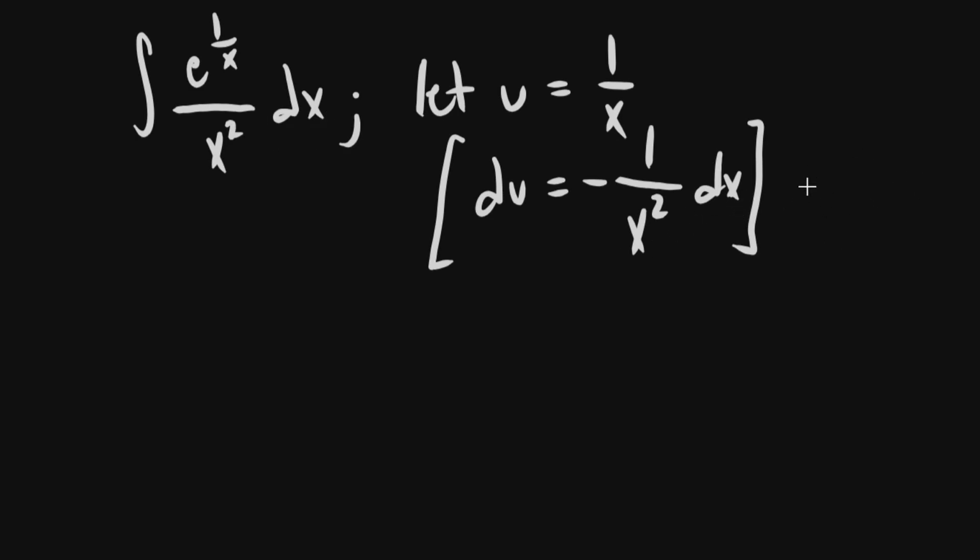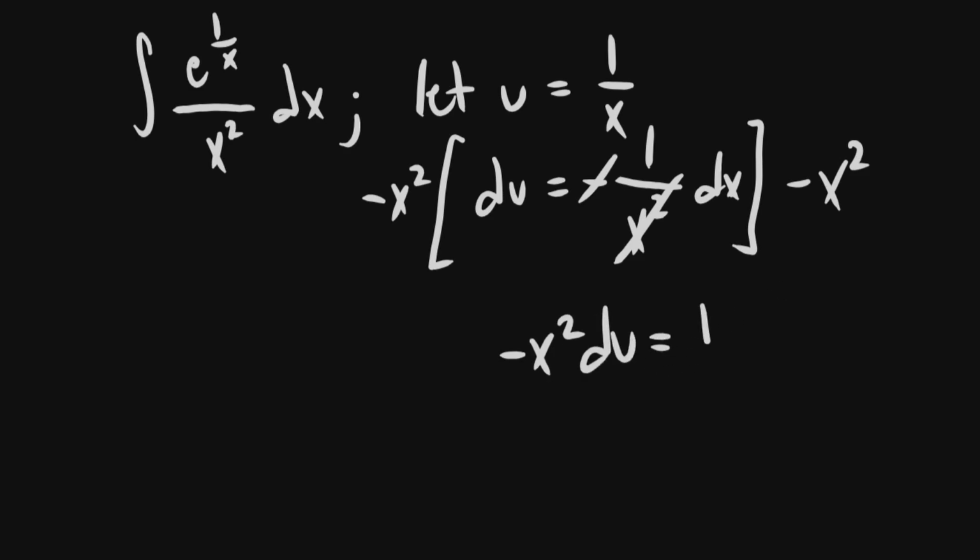So multiplied by negative x squared on both sides. So that should cancel out, and we should be left with negative x squared du is equal to dx. So here you have the dx and you have the dx.